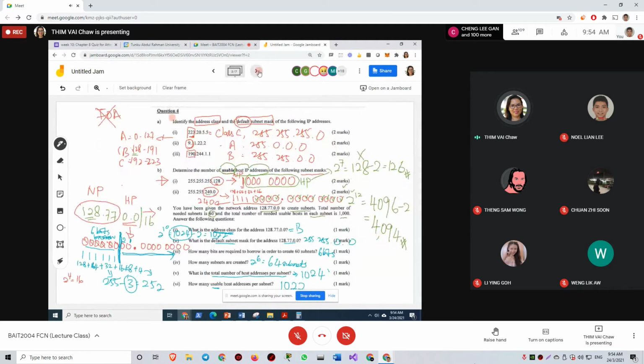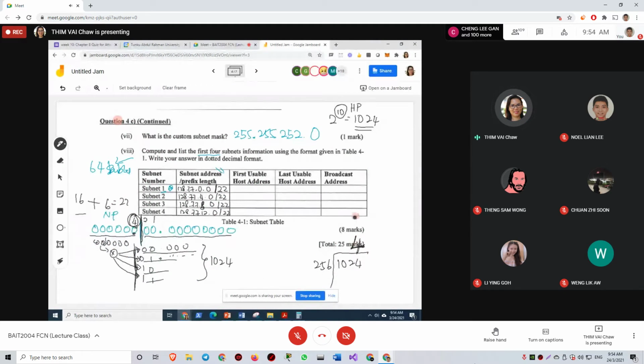That's why I'm going to divide it. I'm saying that now I'm using 254. I divided because this is the maximum number I can use to represent in one byte, one octet. So the magic number here refers to how many sets of 256 I need to generate this 1024.